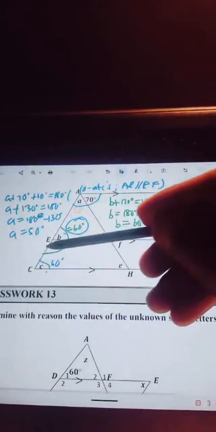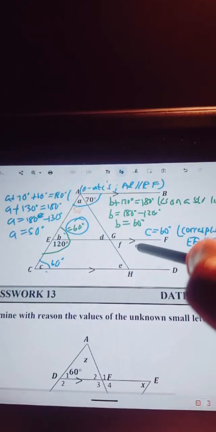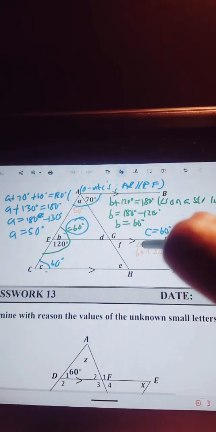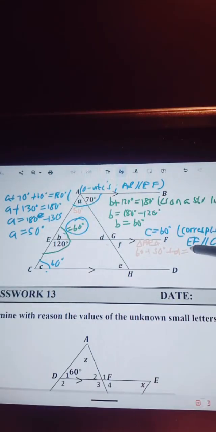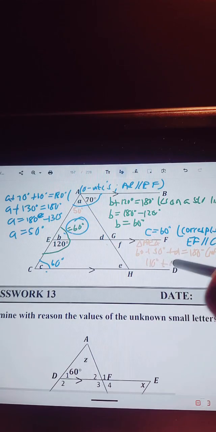If you look at this, this is a triangle, so I could find D. That's triangle AEG. In triangle AEG, 60 plus 50 plus D is equal to 180, interior angles of a triangle. 110 plus D is equal to 180.